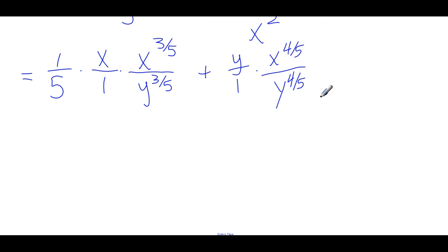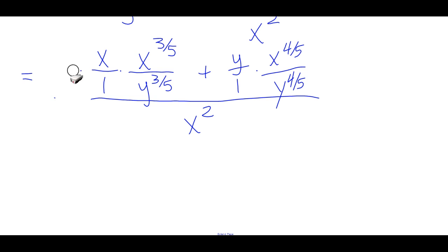And then all of that is over x squared still, and this 1/5, let me clear that up, is being multiplied by the whole entire thing. If you look, this is x to the, you can call this 5/5, x to the first. This is y to the 5/5, if you want to call it that. What's going to happen here is it becomes x to the 5/5, and 3/5 is 8/5.